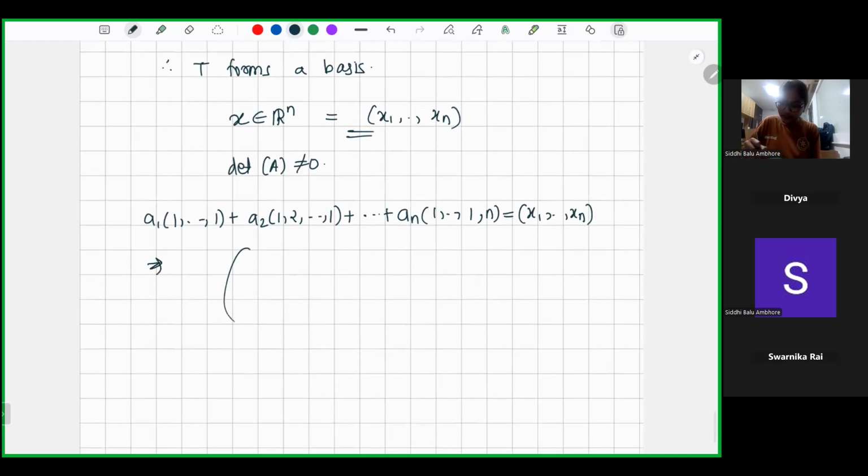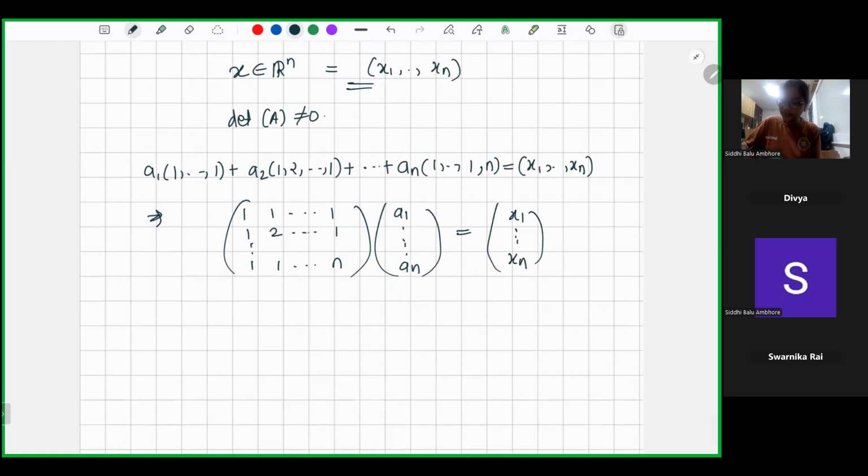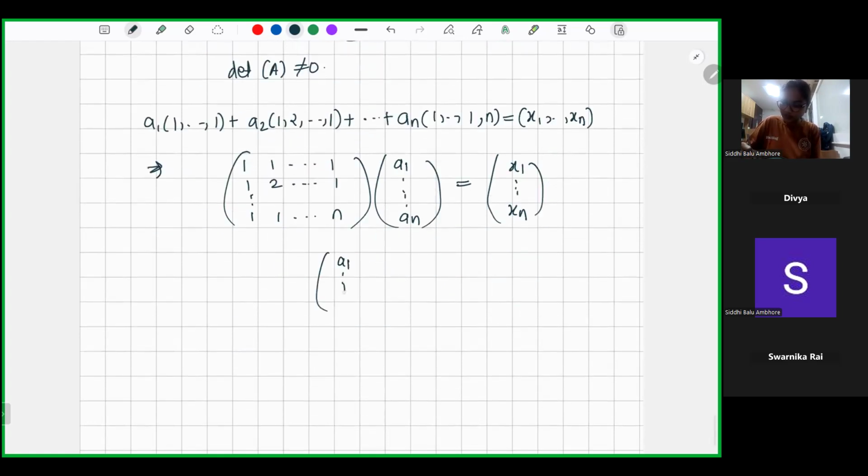This becomes this system, with a1 to an as the unknowns, equated to x1 to xn.